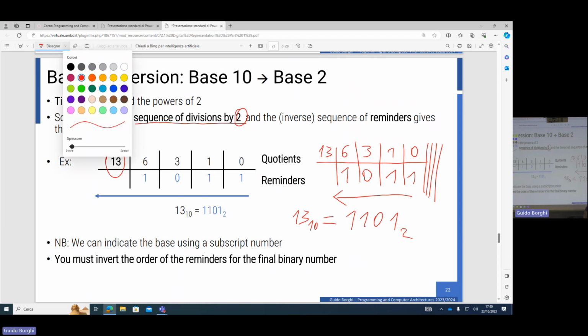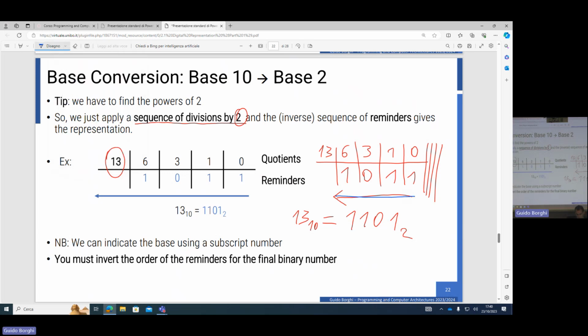A lot of errors in the final exam are due to forgetting to take the inverse order. Okay, you have to flip the remainders that you obtain in the bottom part of the table. So remember, you must invert the order of the remainders for the final binary.